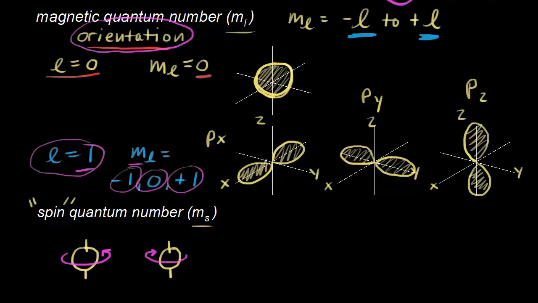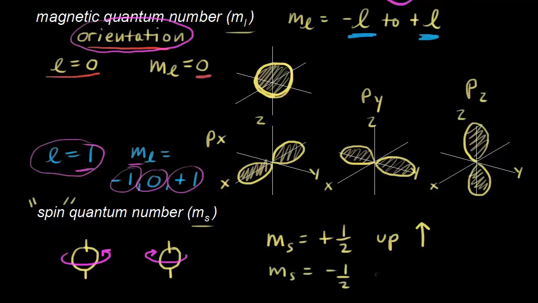And again, this is not actually what's happening in reality. Electrons don't really spin on an axis like a top, but it does help me to think about the fact that we have two possible values for the spin quantum number. You could spin one way, so we could say the spin quantum number is equal to positive 1/2. You usually hear that called spin up, and we'll symbolize this with an arrow going up in later videos. And then the other possible value for the spin quantum number is negative 1/2.